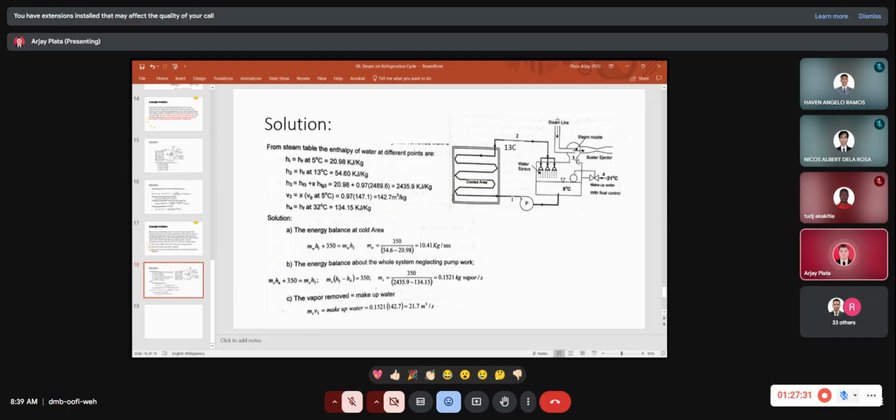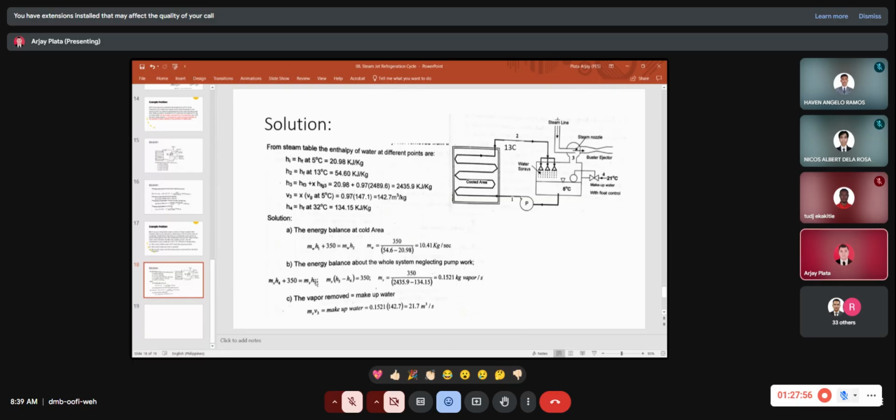So dito yung enthalpy ng nag-evaporate na ating water na nag-evaporate, so H3, and corresponding mass flow rate. So, the mass flow rate here, and here is equal.